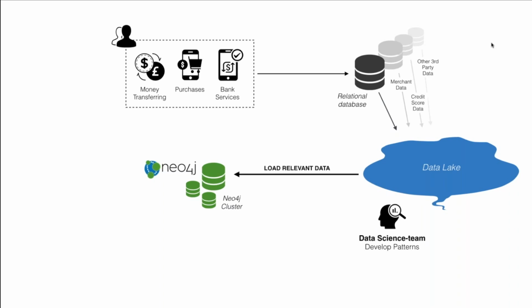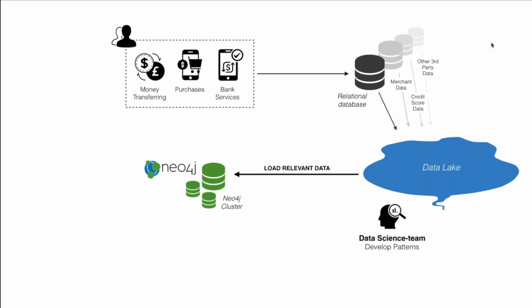So what I mean by relevant data is, let's say a credit card company has 1 billion transactions in the data lake, and then they have a lot of data related to those transactions, like merchant data, credit score data, and other third-party data. But for the particular pattern, like the credit card testing that we talked about, they may need only a few of those attributes for that pattern.